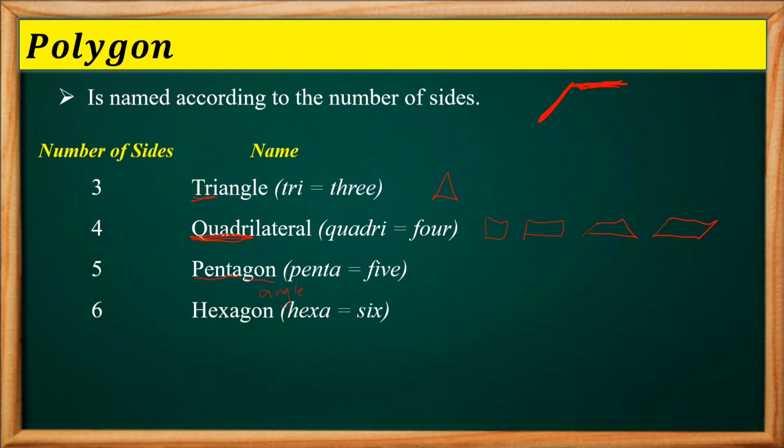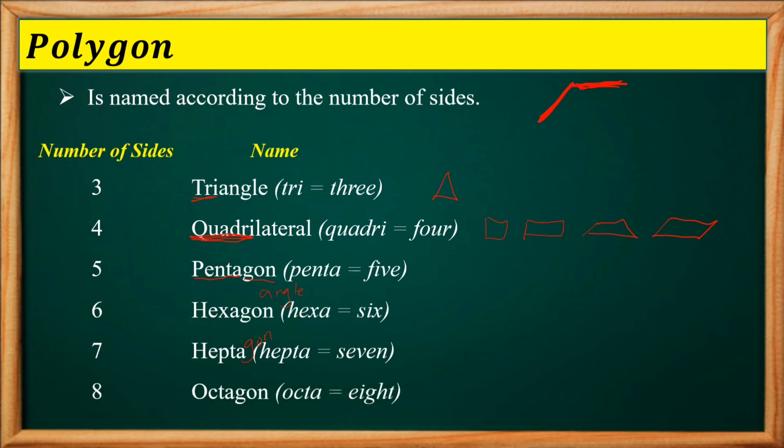Next, 6, that is hexagon. Hexa, it means 6, therefore 6 angles. 7, we have hepta, that is heptagon. Okay? Heptagon, it means hepta 7, 7 angles. 8, you have octagon. Octa, it means 8.